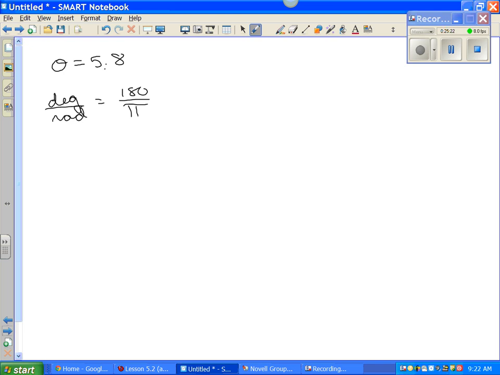Where it says radian, right? So I'm going to write x for degree, 5.8 for radian. Okay? Cross multiply, good. X times pi equals 180 times 5.8.